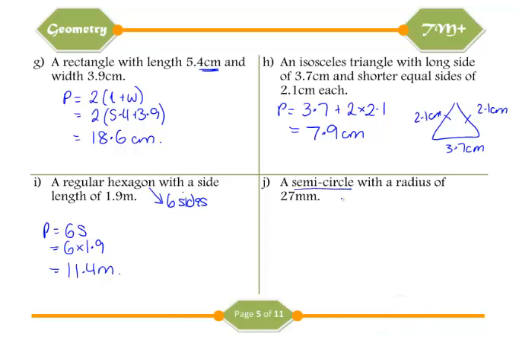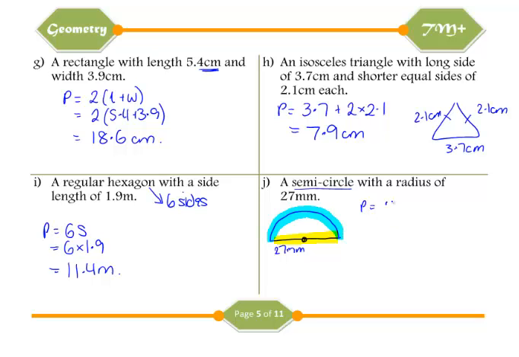Okay, now I'm looking at a semicircle. So a picture will reveal something here. Radius is 27 millimetres. Now if I just find the circumference, or half the circumference, I'm only going around this length here. We have to remember to add 2 lots of the radius as well. Okay, so the perimeter is going to be 2 pi r for the semicircle, but half of that.